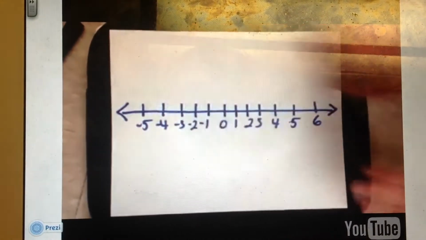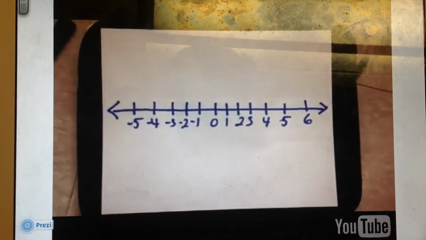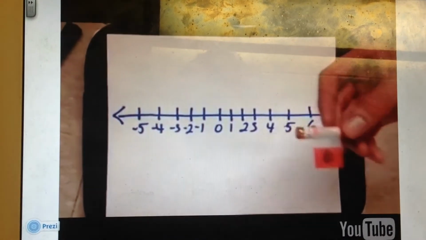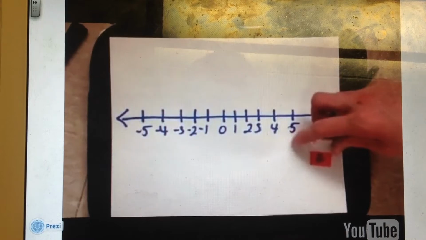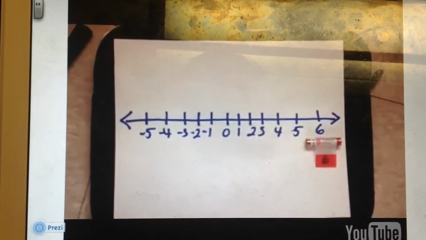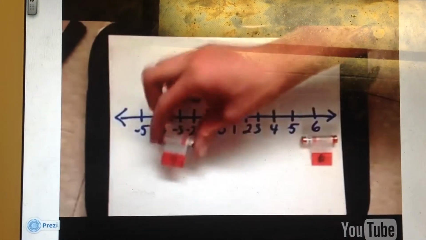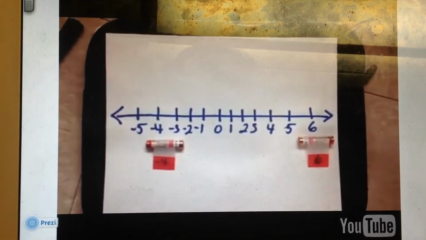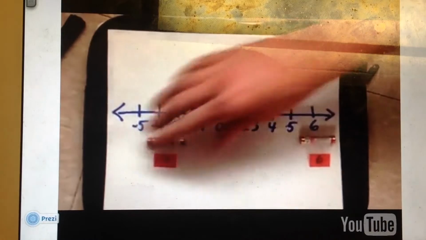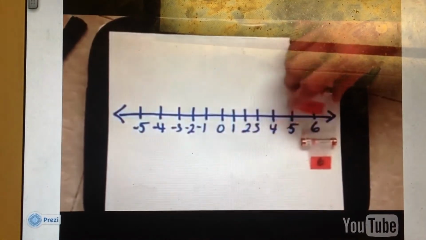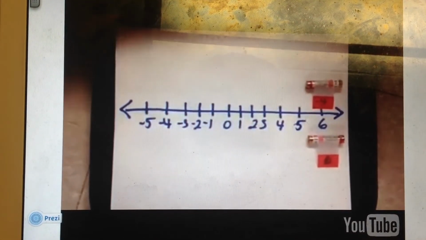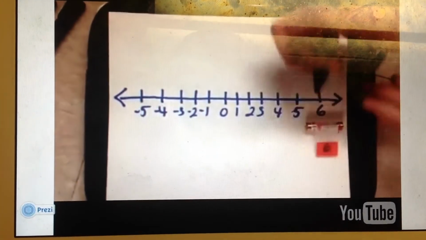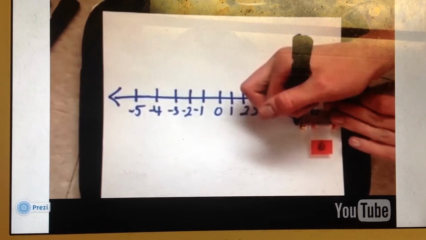6 to -5, and after our number line is drawn we have two batteries to show the rational number 6, and we're going to place that on the number line, and the other rational number -4, which is here, and we're going to show the equation 6 plus -4. So we're going to take -4 and put it here and draw out a line that goes from 6 4 ways.